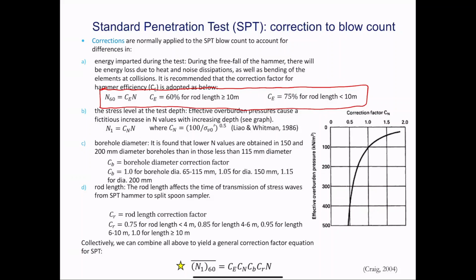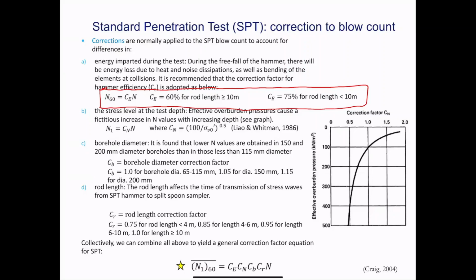So you can maintain most of the energy if it's a shorter length, right? So we have to apply various correction factors to our obtained raw N values for the last 300 millimeters of penetration. Now, aside from energy from noise, heat, deformation of the device, what else do we have to account for?